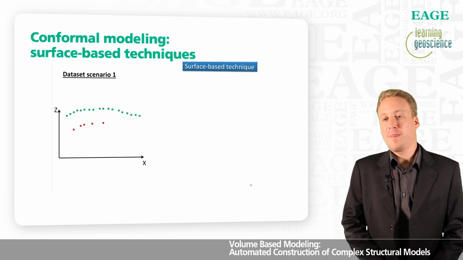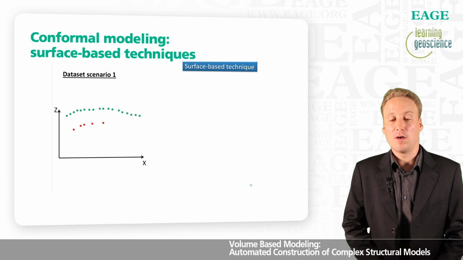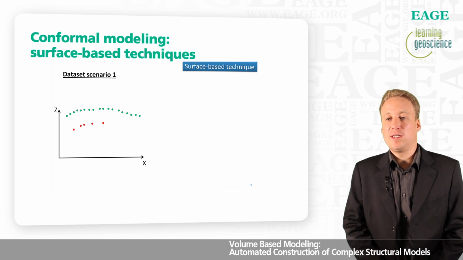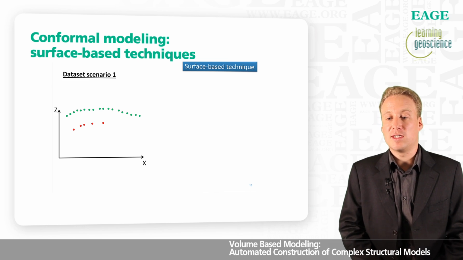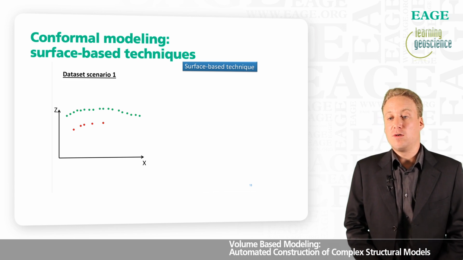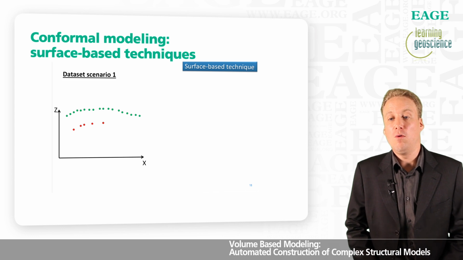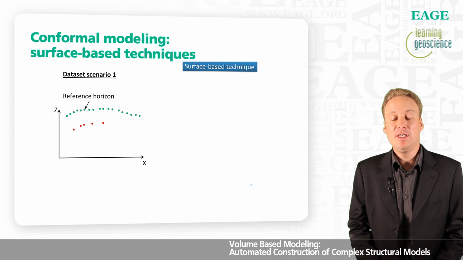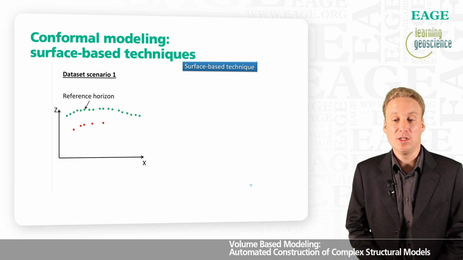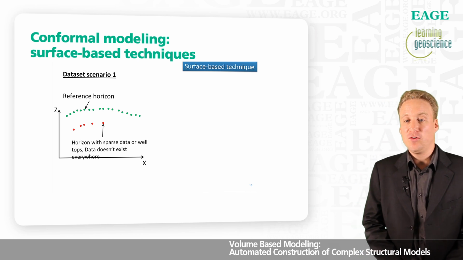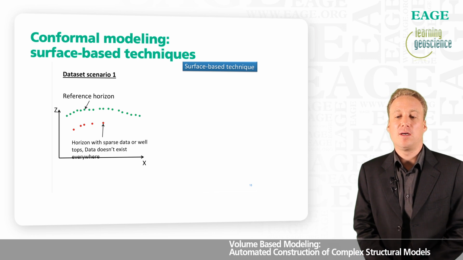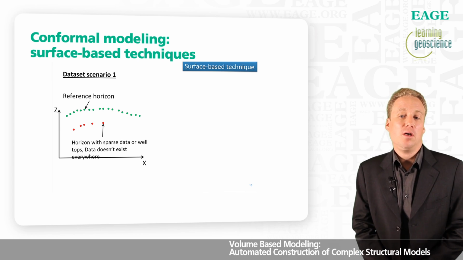Conformal modeling is a very commonly used technique when creating structural models in the oil and gas industry, because it corresponds to the situation where you have one or several reference horizons where you have a dense interpretation, typically horizon that is based on a seismic interpretation, and some horizons, sometimes many, that are based on sparse interpretation, typically well data.